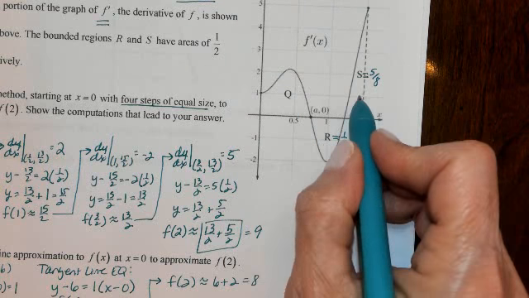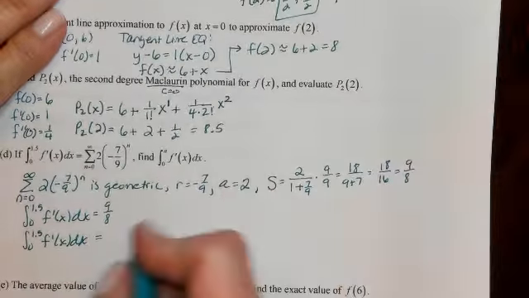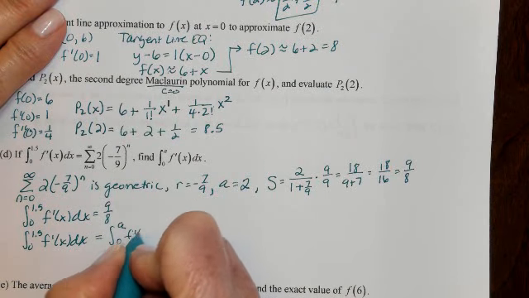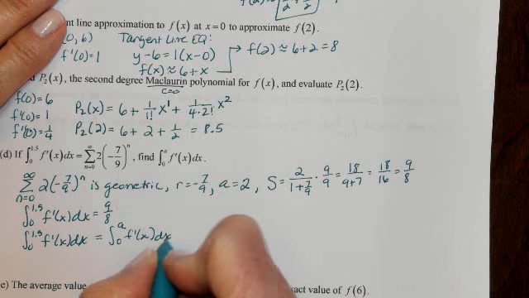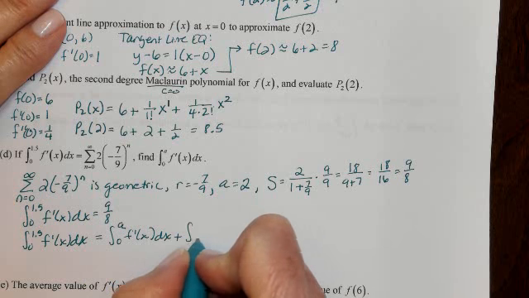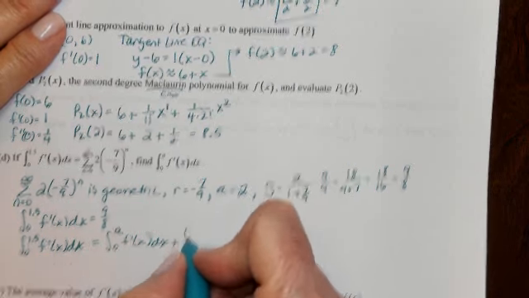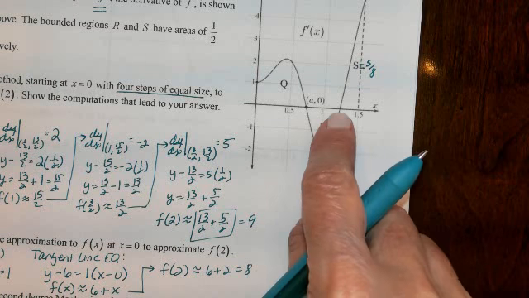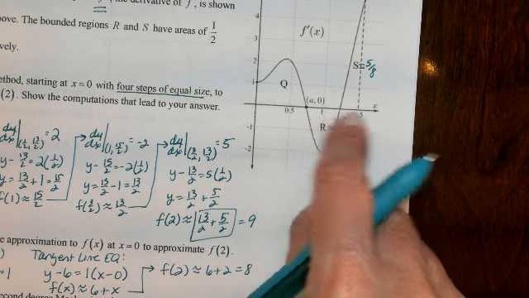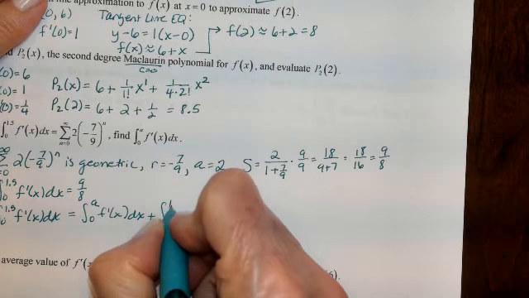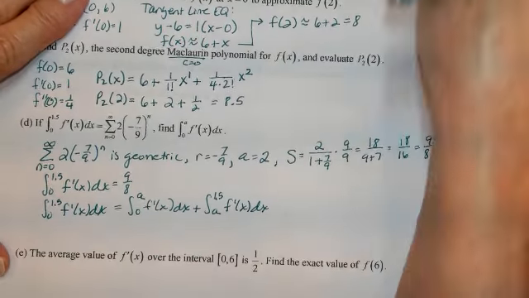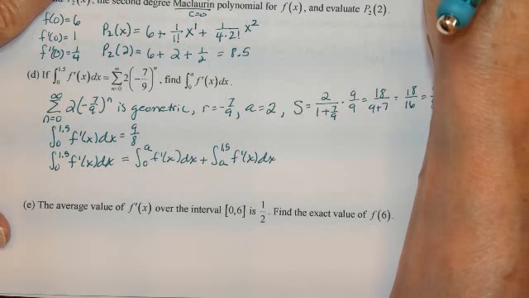minus r plus s, right? So I'm going to write that as the integral from 0 to a of f prime of x dx plus the integral from a to 1.5, I'm just going to say the area from a to 1.5, of f prime of x dx. Okay.